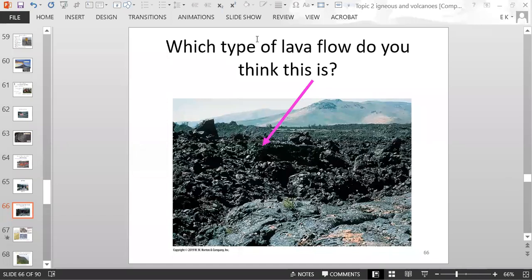Yes, and I do see that in the chat as well. Like someone said earlier, it looks kind of crumbly. So the A'a flow is going to have a crumbly look. I like that description. Thank you for bringing that up a few minutes ago. You're welcome. And this has that crumbly, rugged look. So yes, that is the A'a flow.